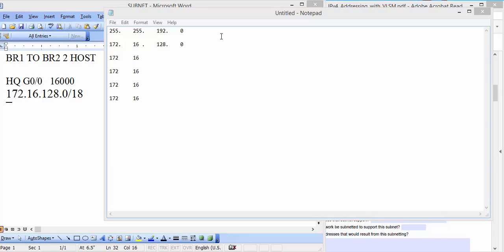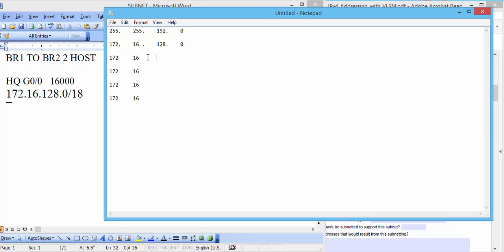We place 0 on the subnet, and down on the broadcast address we place 255. So this is the subnet and this is the broadcast.